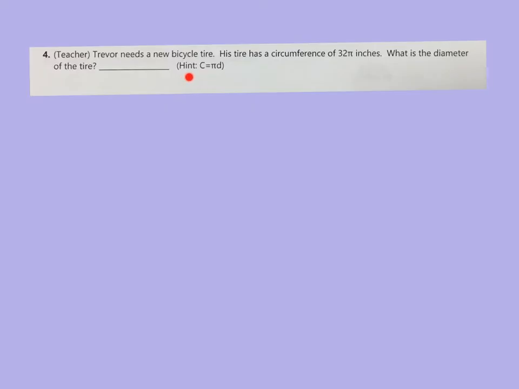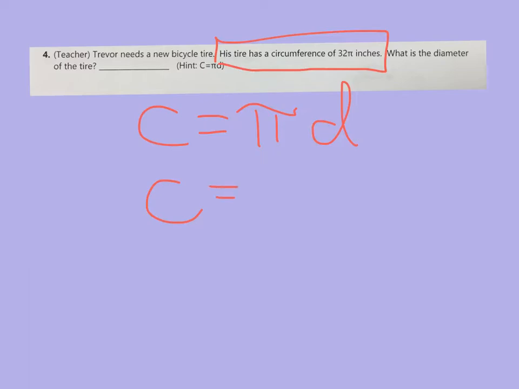I'm going to remind myself what the circumference formula is by writing circumference equals pi times the diameter. Then I'm going to write what they gave us. They said Trevor's tire has a circumference of 32 pi inches. So pi is here and pi is here in the formula.